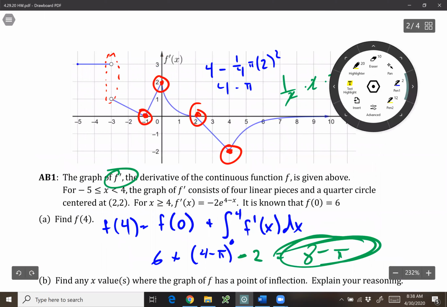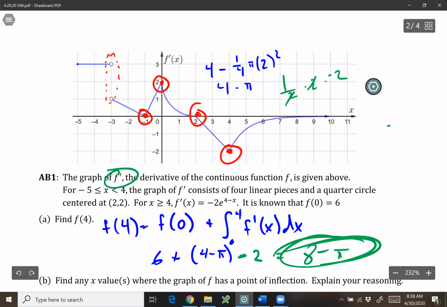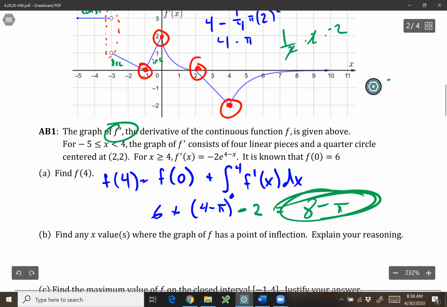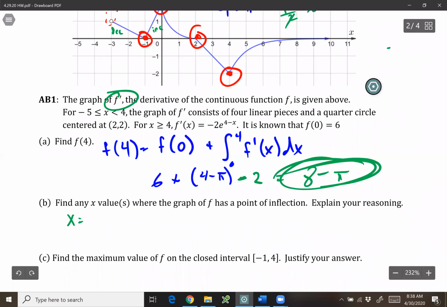So at -3, it's a possibility, but at -3, we don't change, right? We go from constant to decreasing, so we didn't change between increasing and decreasing. Now at -1, we do go from decreasing to increasing. So -1 is an inflection point. So x equals -1 because f prime changes from decreasing to increasing at x equals -1.